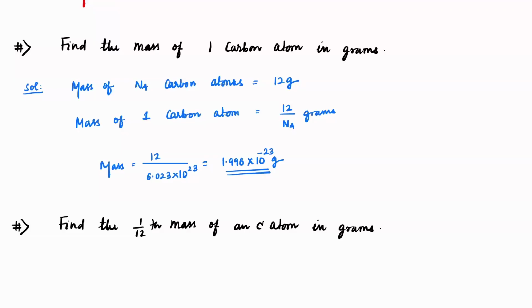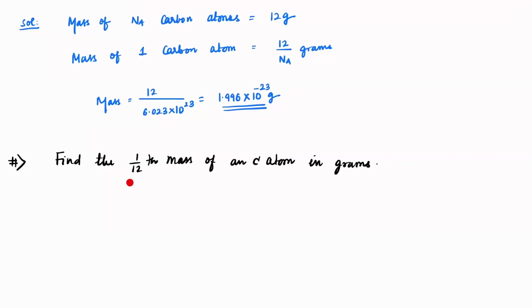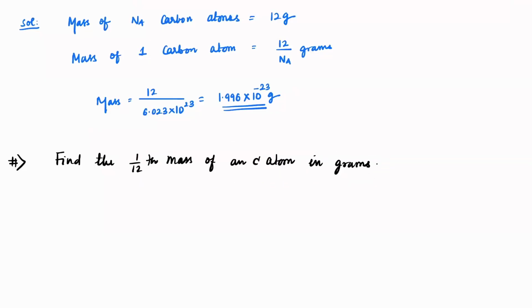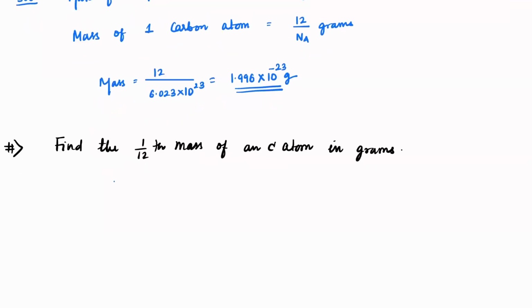So in fact, you can relate the same idea to other elements also. Now listen, if I have to calculate the 1/12th mass of a carbon atom in grams, what does that mean? We just learned that the mass of a carbon atom is 12 by Na.